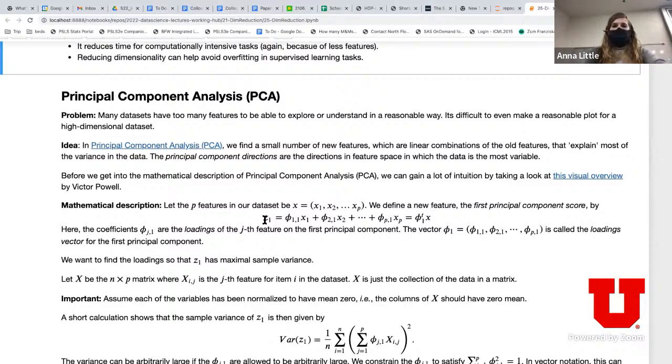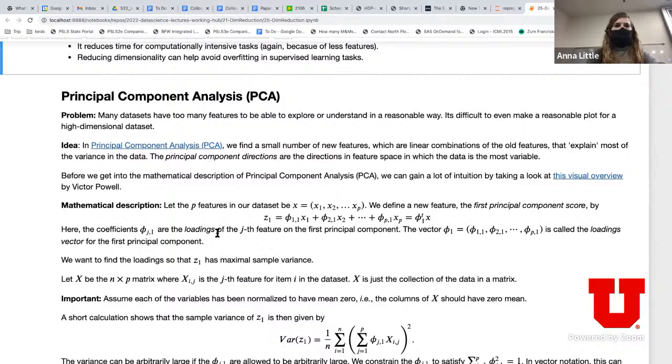We're going to call this Z1. In vector notation, we can write this as phi1 transpose X, or the inner product of the vector phi1 and X. This vector phi1 that has entries phi j1, these are called the loadings. So phi j1 would be the loading of the jth feature on the first principal component, and that whole vector, phi1, would be called the loadings vector for the first principal component.